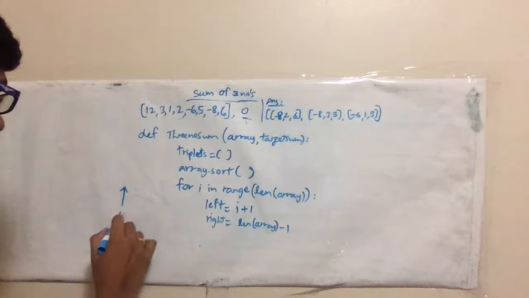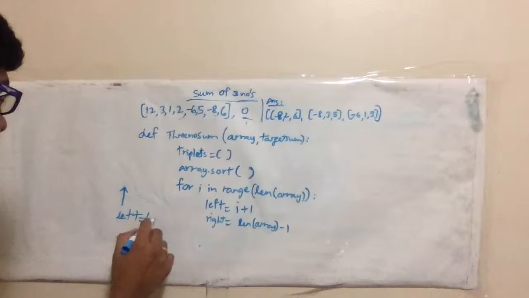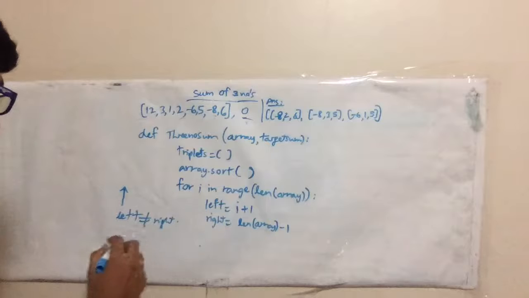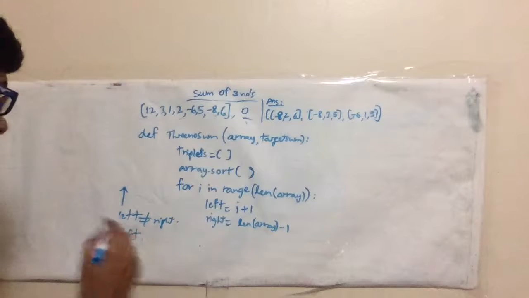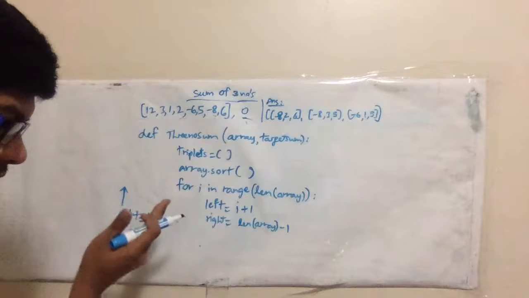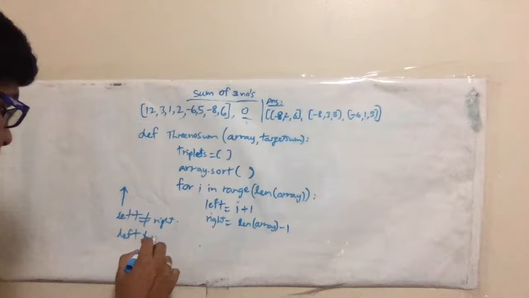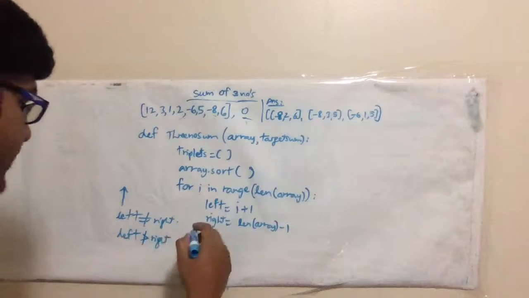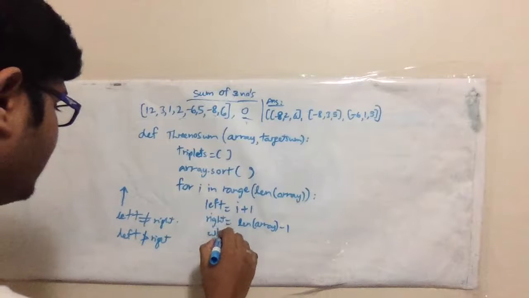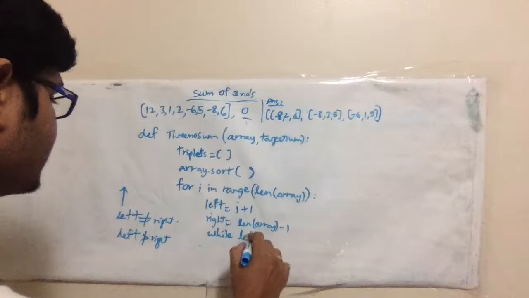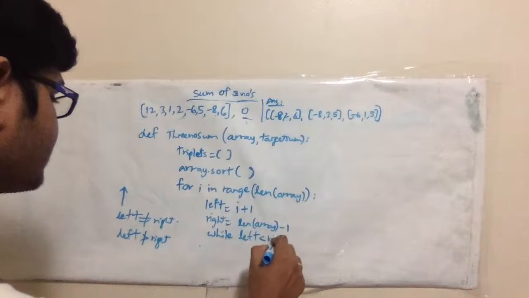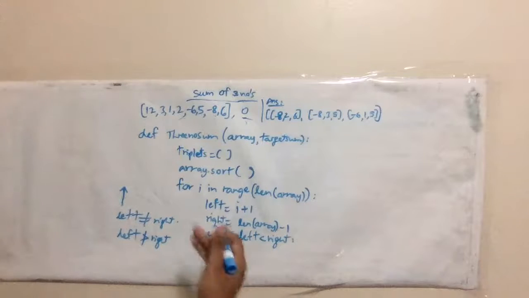The left pointer shouldn't be equal to the right pointer, and shouldn't cross it. So the only possible thing here is while left is less than right.